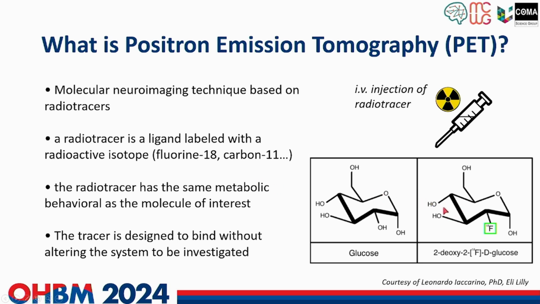One is a molecule, or something very, very similar to the molecule of interest, that has the same metabolic behavior as the molecule of interest. And this molecule is bound to the isotope, which is what allows us to measure the molecule of interest in the system. It is called a tracer because we just trace the process of interest without altering it, because we inject it in very, very small quantities.